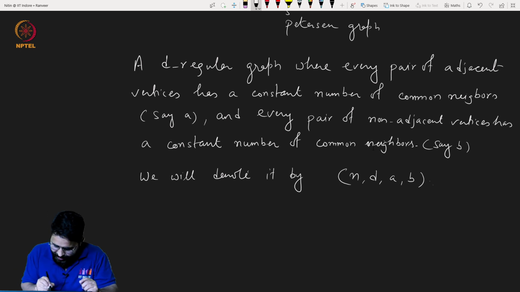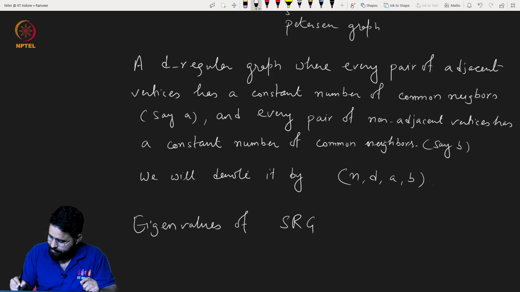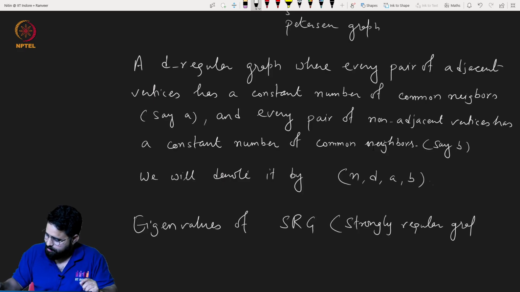Eigenvalues of strongly regular graphs, SRG. Let us calculate them.